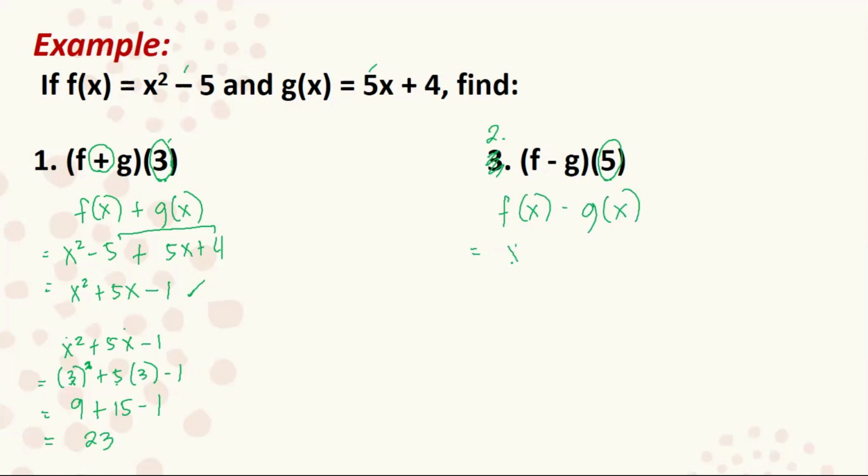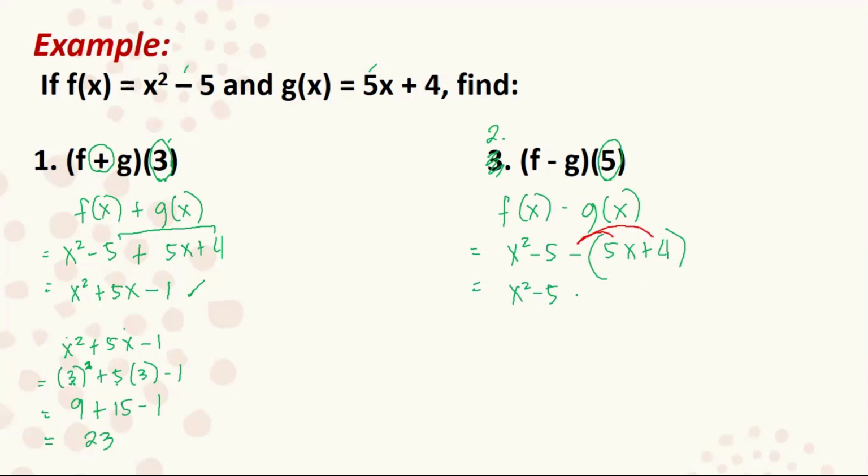Substitution, x squared minus 5 minus 5x plus 4. Then again, do not forget to enclose the subtrahend in parentheses. Copy x squared minus 5, then distribute the operation to each of the terms of this binomial.